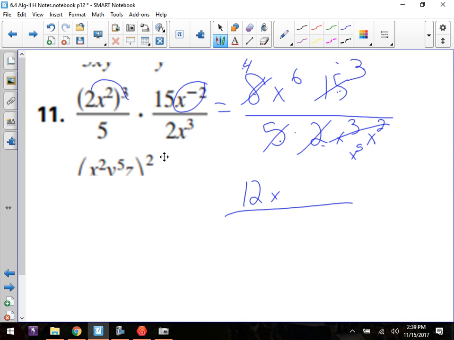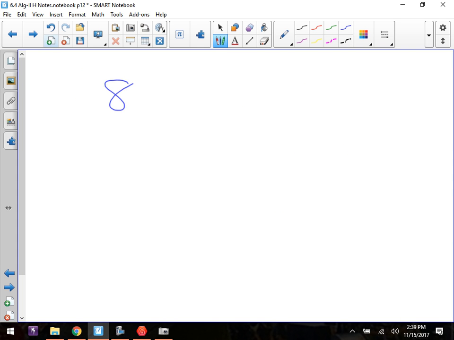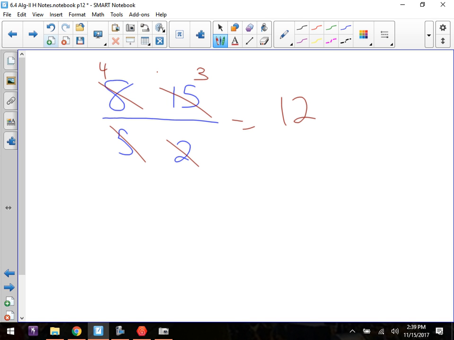You guys, there's this little thing called simplifying that I've learned over the course of years that students seem to have forgotten. 5 goes into 15 3 times, 2 goes into 8 4 times, 4 times 3 is 12. I've been simplifying the fraction. It's one of those things that's a lost art. You guys don't know how to simplify fractions.